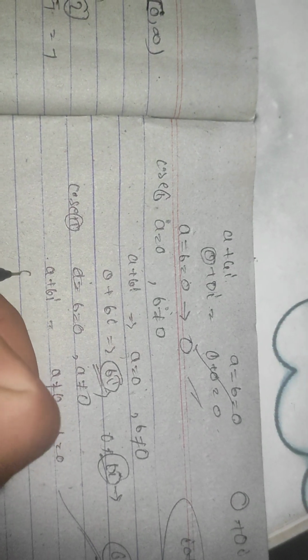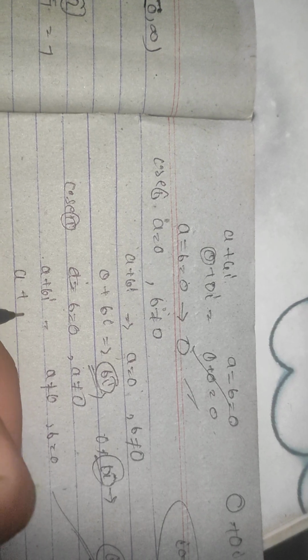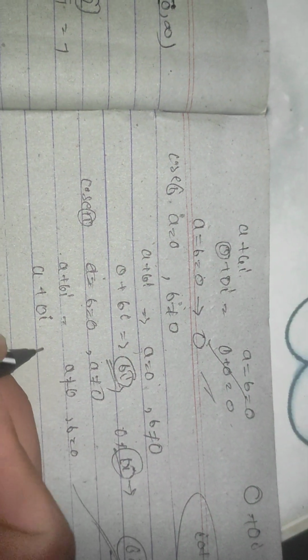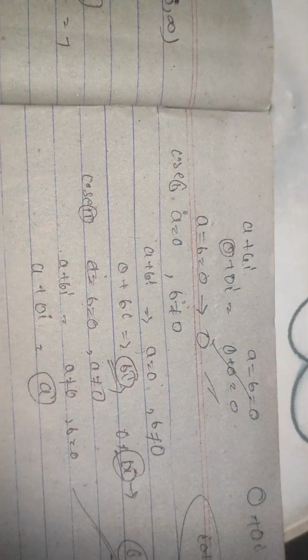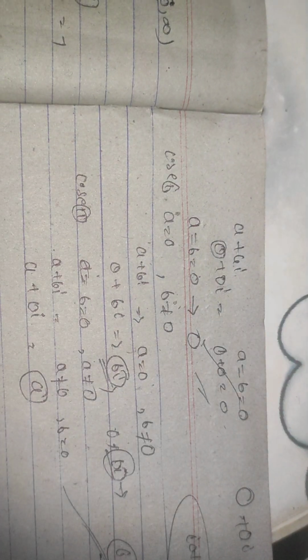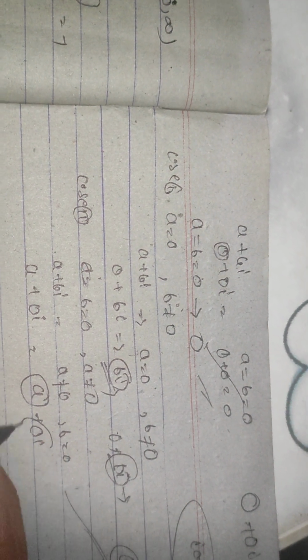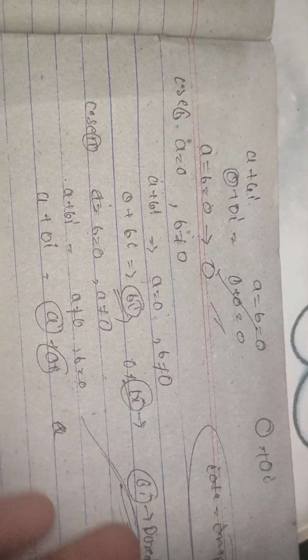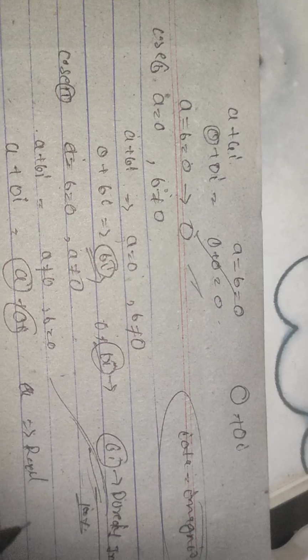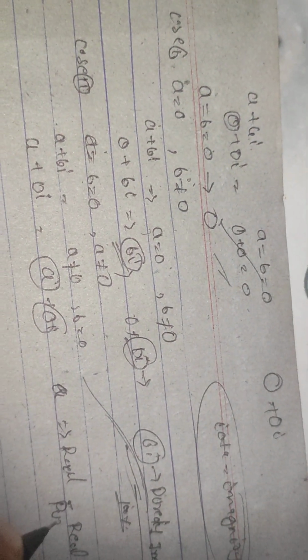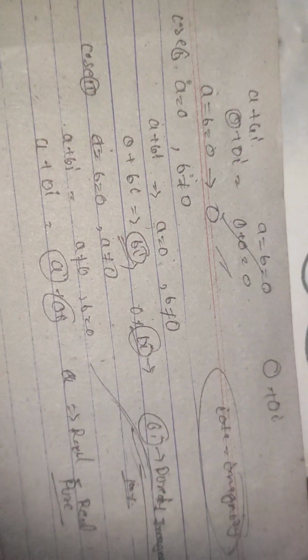So a plus 0 iota; this is iota multiplied by 0, which is 0, so it becomes a. So what is the value of a? This is the real part. So we call this purely real, pure real, 100% pure.